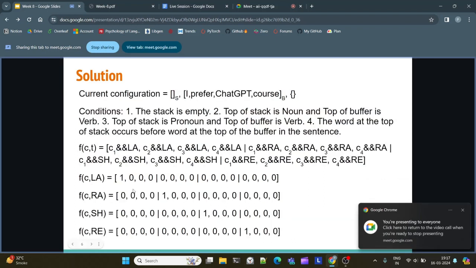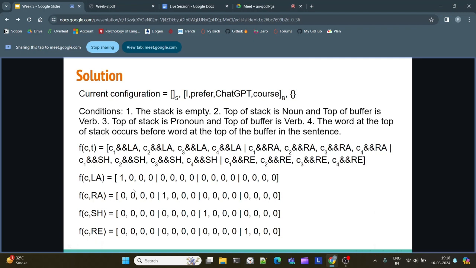Why is that? We had discussed this previously when we were discussing week 6 practice problems. Whenever I'm determining which transition I should take, I always check what is on the top of the stack and the top of the buffer.